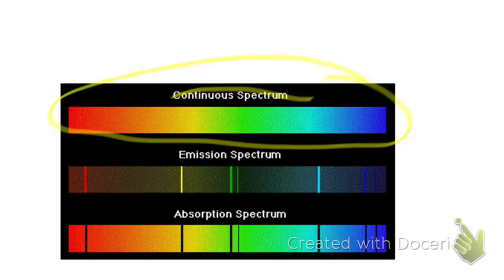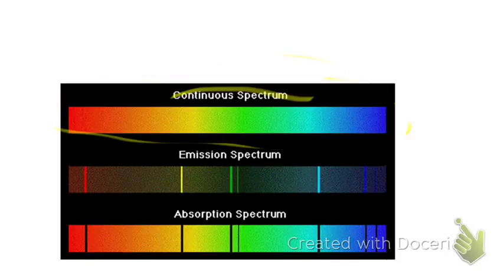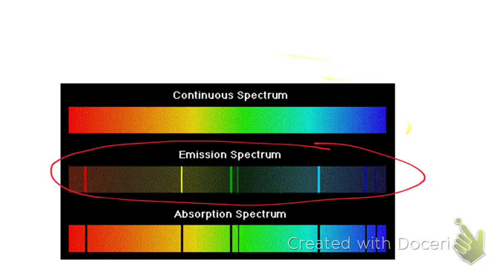But instead, these scientists saw not a continuous spectrum, but a line spectrum, an atomic spectrum, sometimes known as an emission spectrum, like we see here. Instead of seeing all the colors, we're only seeing some colors, or only specific wavelengths, being emitted by atoms.